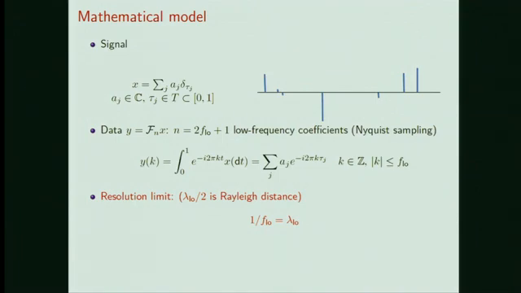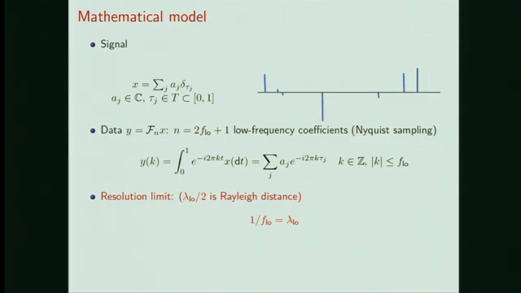Now, because I have only information about the object at frequencies up to f_low, low meaning low resolution, what we know from optics is that I don't have any right to talk about resolution below 1 over this frequency, which is the resolution limit imposed by the microscope.